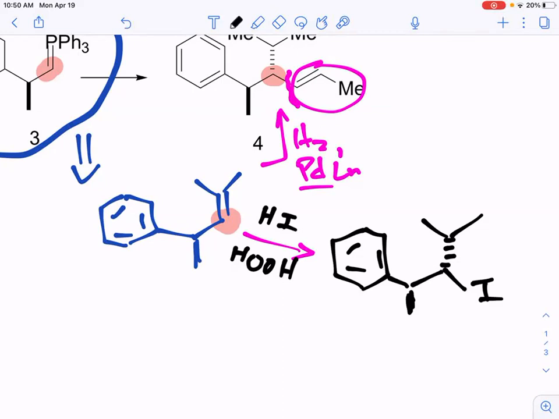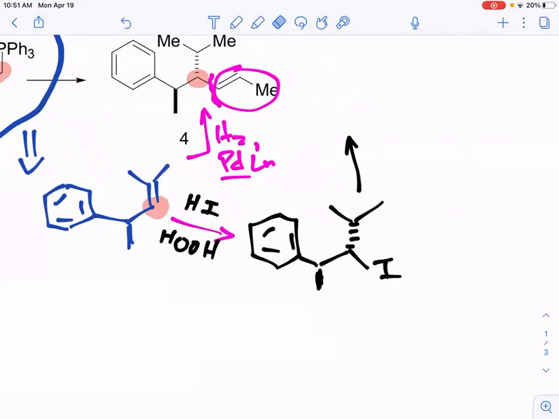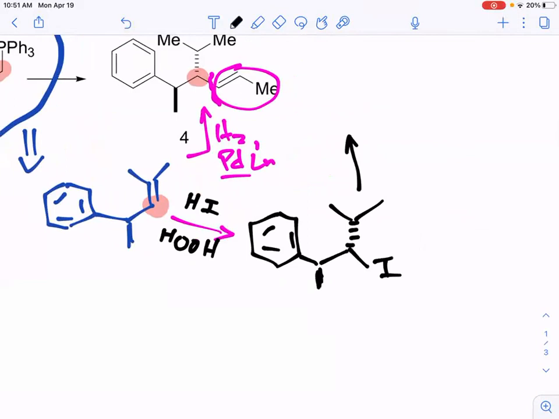And then we can take that and treat it with, again, this vinyl lithium, and that should react in an SN2 type fashion to give me that.